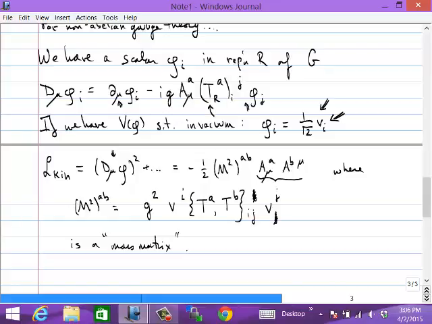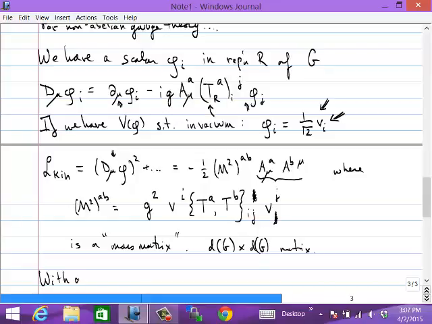That's a nice thing to do because a mass matrix is most naturally viewed as a symmetric matrix. Right? And so this is a d by d matrix. So here I've written the form of the mass matrix if you have a real scalar field.